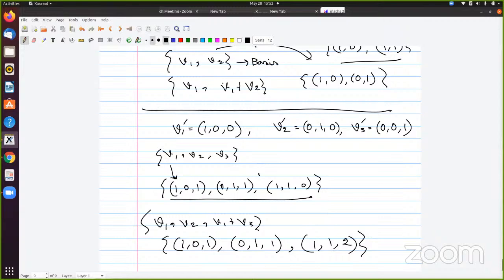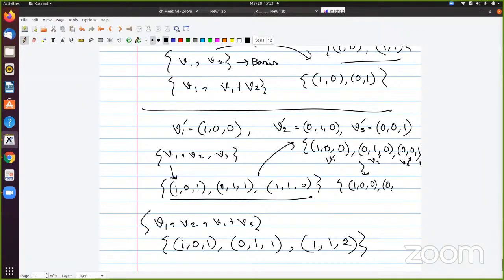You are saying that from this vector I can go to this standard one, 100, 010, 001, right? Here you are doing the same thing. This is now your V1 prime, V2 prime, and V3 prime. So your V1 prime is 100, 010, and if you add the last two, you will get basically V1 plus V3, so 101.